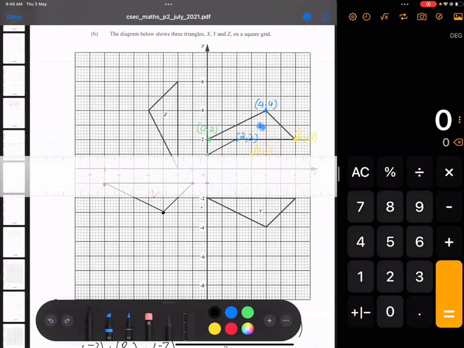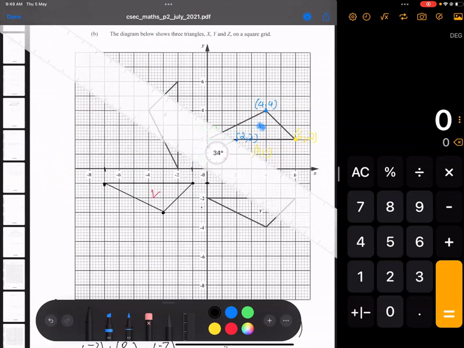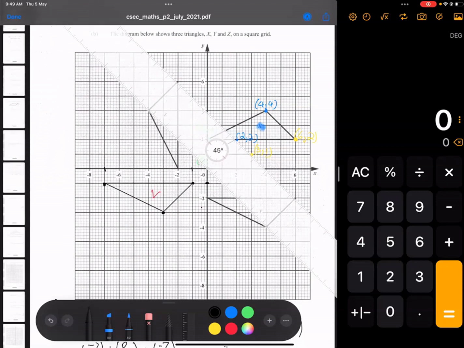Roll it a bit further down. Alright, and our last side.